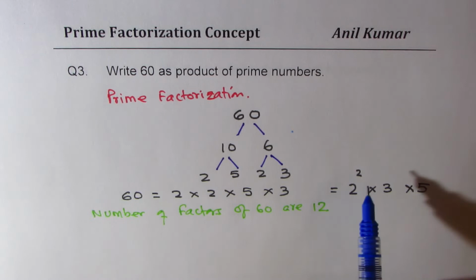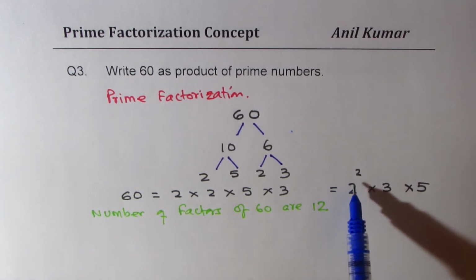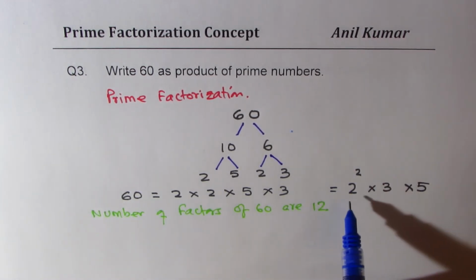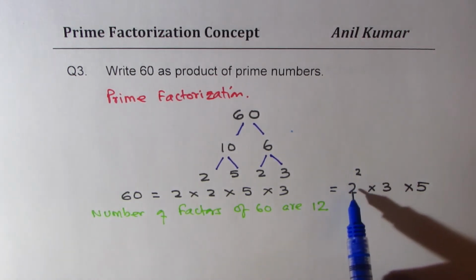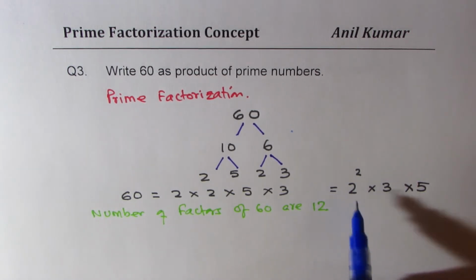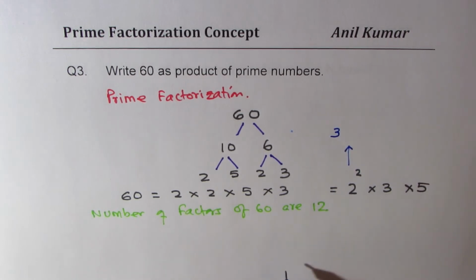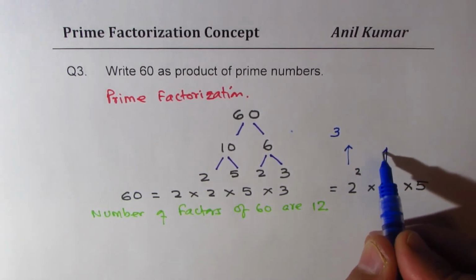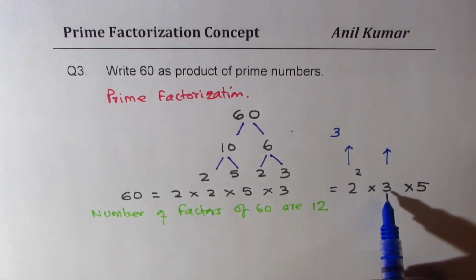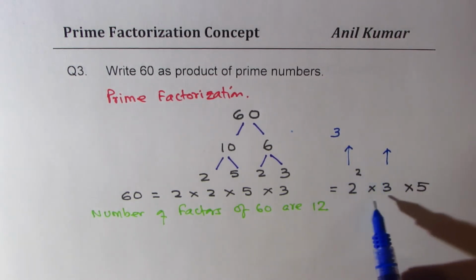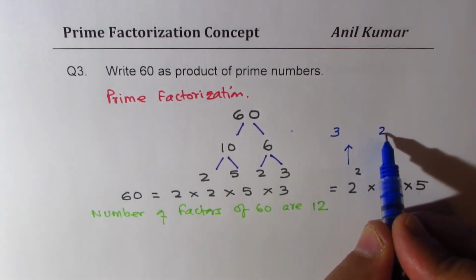Now, the idea is that if you have 2 squared, that means there are two 2's. Then you could choose one of the 2's, you could choose both 2's, or you may not take any 2, right? So we have 3 choices for 2. As far as 3 is concerned, we may take a 3 or we may not take a 3 to find factors. So there are 2 choices.